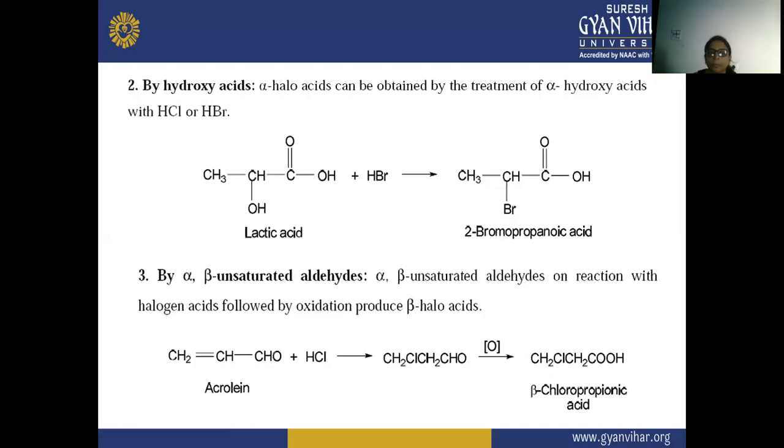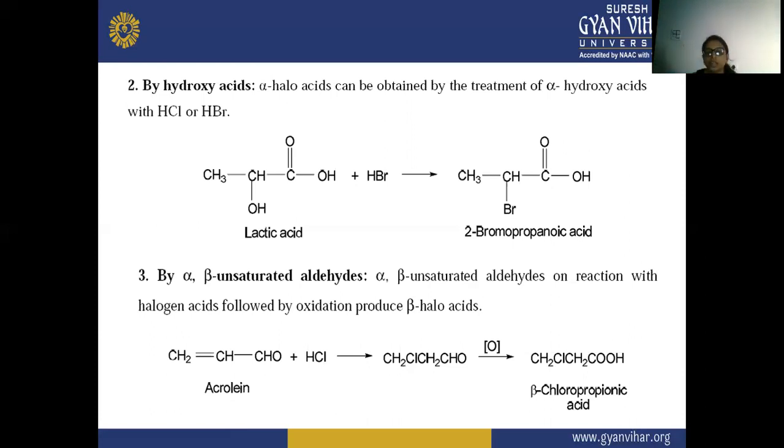Next, your second reaction is from hydroxy acid. Alpha halo acid can be obtained by the treatment of alpha hydroxy acid with HCl or HBr. This is your alpha hydroxy acid, that is your lactic acid. And when we are treating it with HBr, meaning hydrogen bromide, then there is a formation of 2-bromopropanoic acid, or you can say alpha bromopropanoic acid.